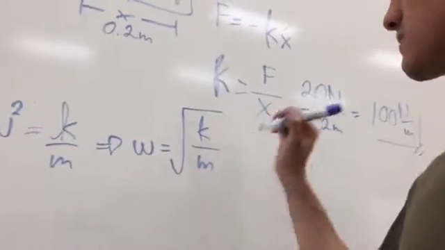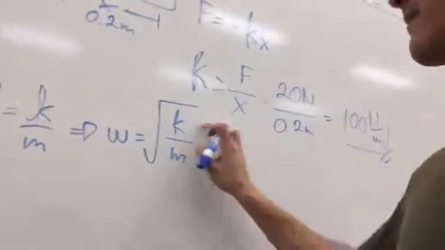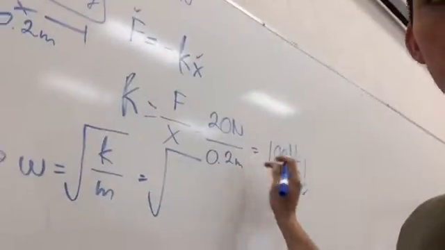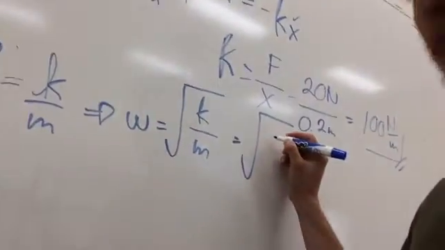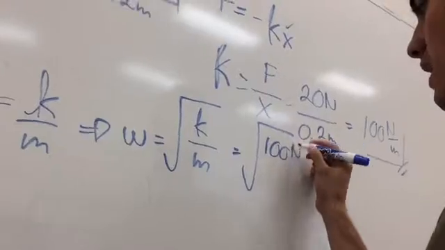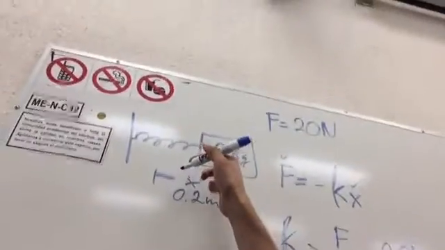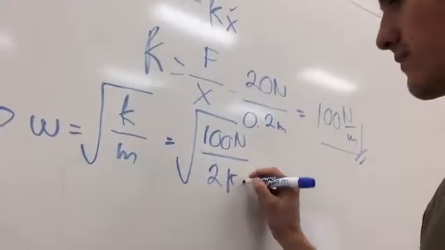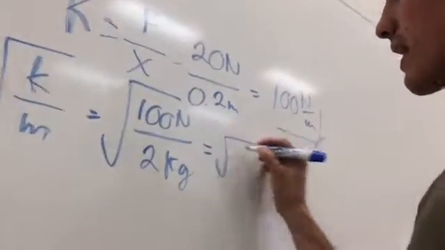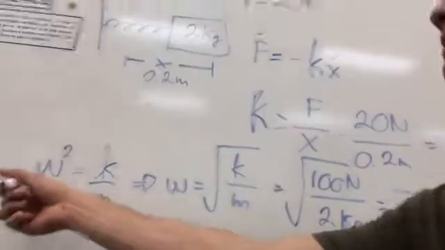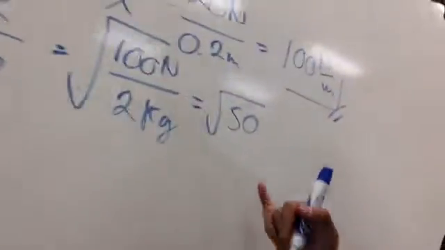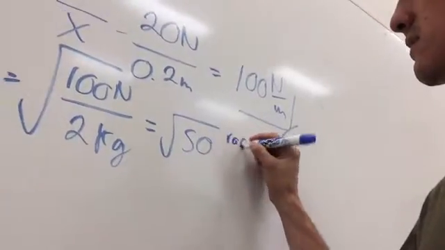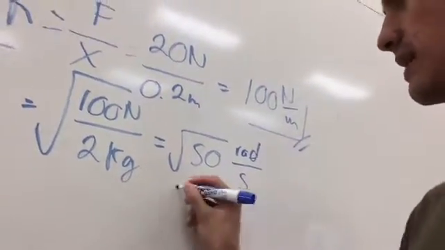Now, if we substitute the values we already have, the constant is 100 newtons per meter and the mass is 2 kilograms, the angular velocity is equal to the square root of 50 radians per second.